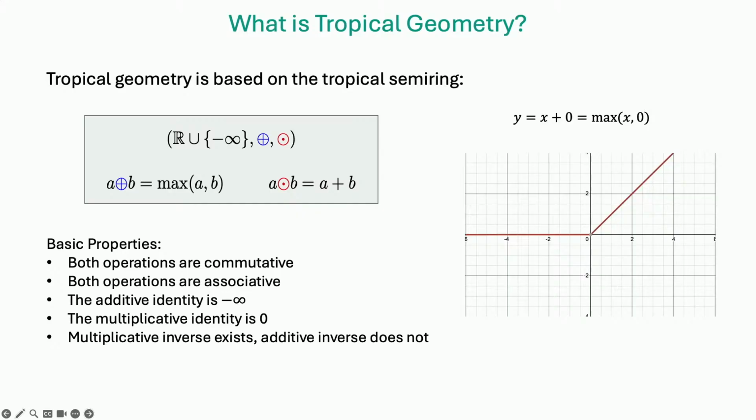The multiplicative inverse exists, but the additive one does not. The multiplicative inverse is just the negative of any value except negative infinity. The additive inverse doesn't exist in general, because you can't recover the smaller of two elements under the max operator using only tropical addition. This is why it's a semi-ring, not a ring.